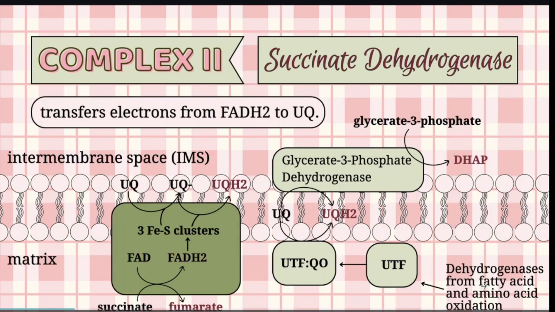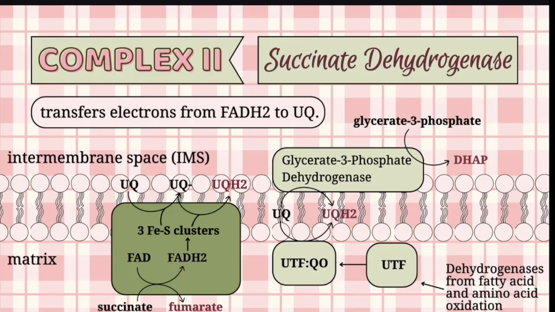But in complex 2, FADH2 donates the electrons one at a time to the iron-sulfur clusters, and then once they finish going through the iron-sulfur clusters, they're still donated one at a time to ubiquinone. So first electron is donated, forming hydroubiquinone. Then the second electron will be donated, forming dihydroubiquinone. Does that make sense? Yes. Okay.